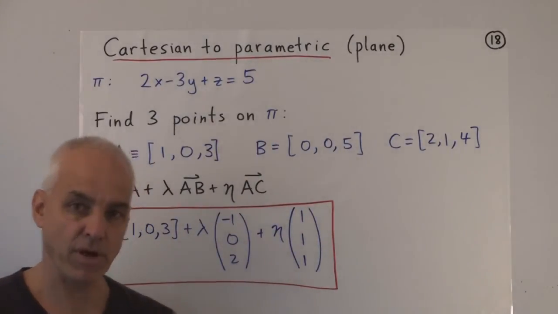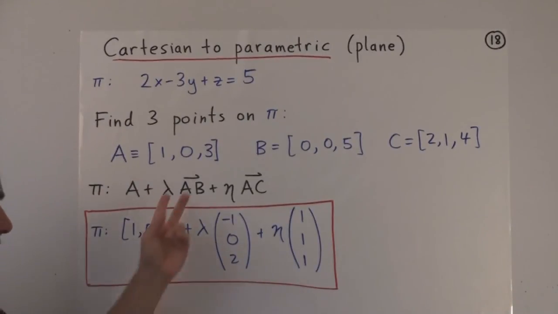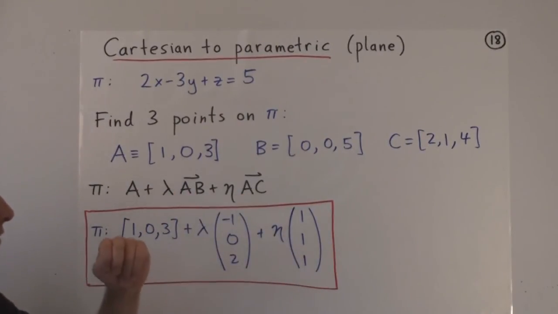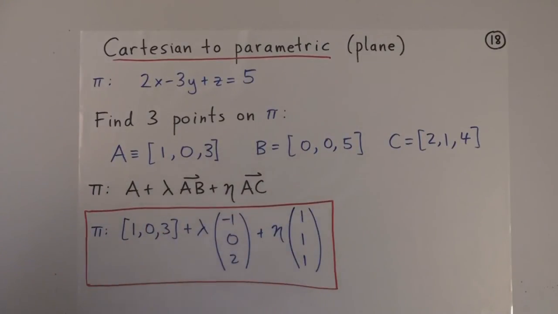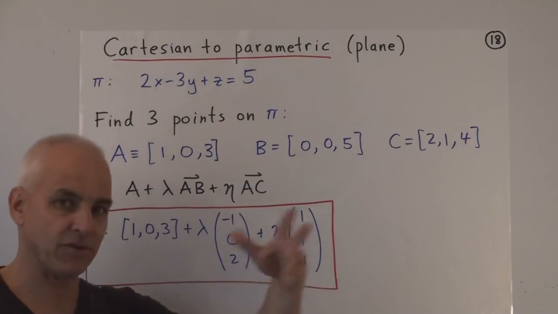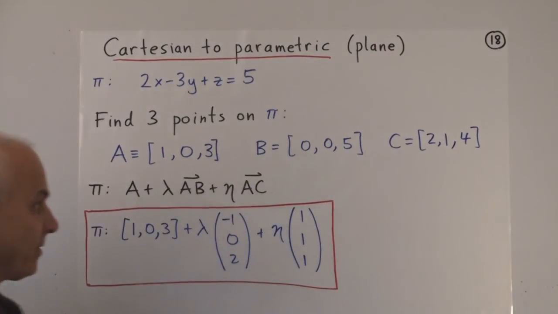And once you have the 3 points, you just write down the parametric equation of the plane in terms of one of the points, say point A, plus the 2 vectors formed by, say, AB and AC. You can also use BC. It doesn't matter which vectors you use as long as you have 2 vectors in different directions lying in the plane.